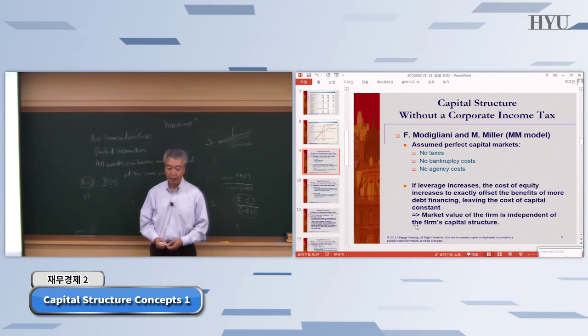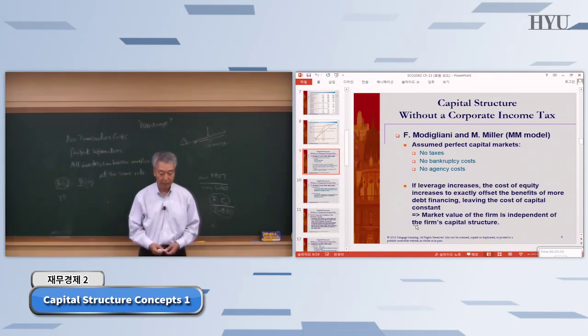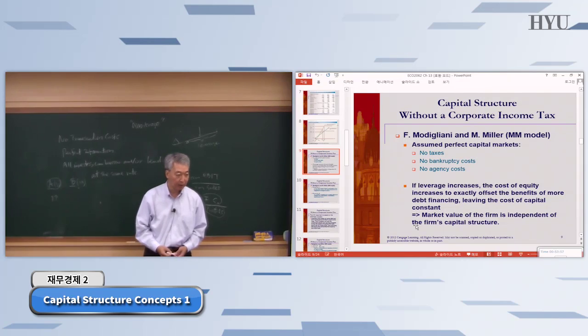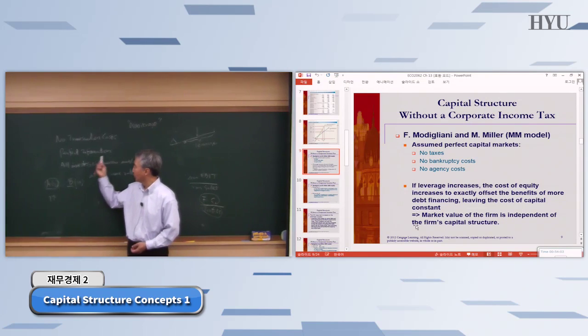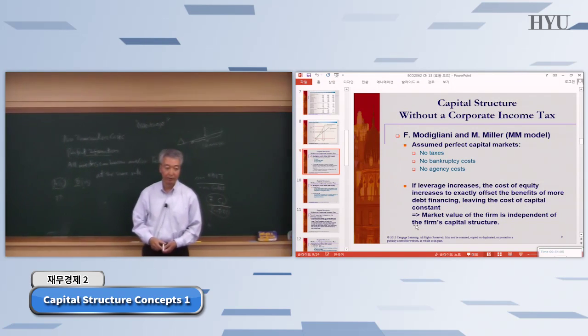Then what's going to happen, according to Modigliani and Miller, is the investors are smart. They have perfect information. They know everything, right?